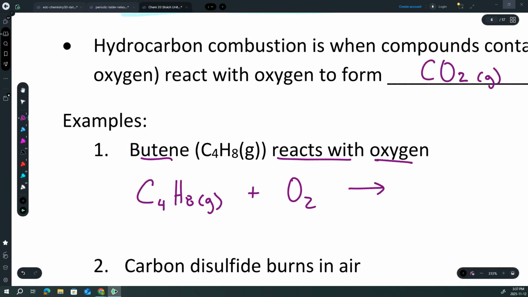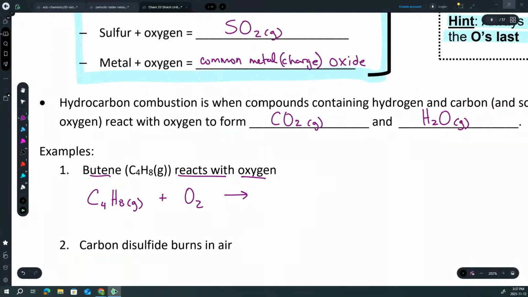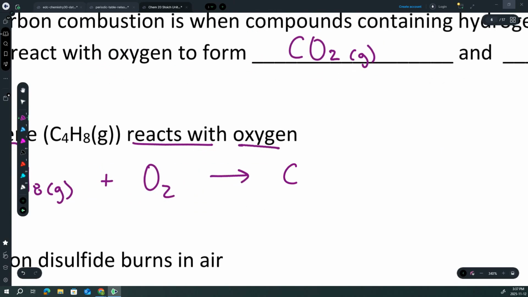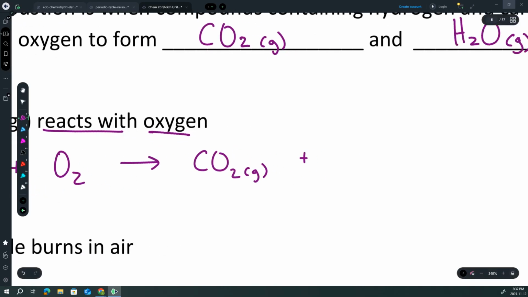As we said up above, when you have a hydrocarbon combustion, you are going to get carbon dioxide and water vapor for your products. So CO2 gas plus water vapor.